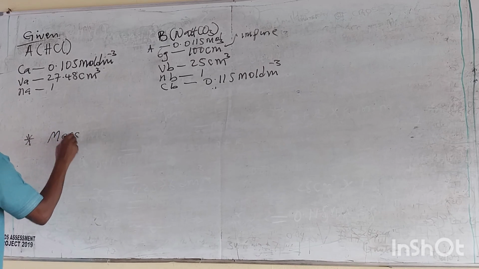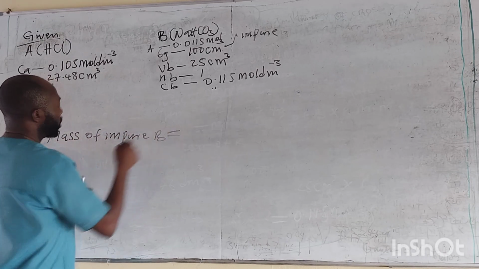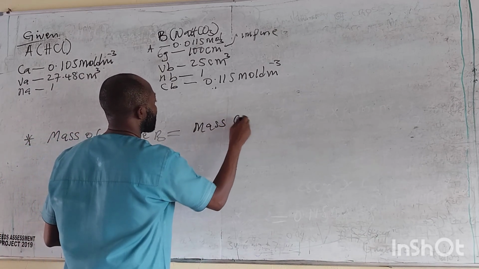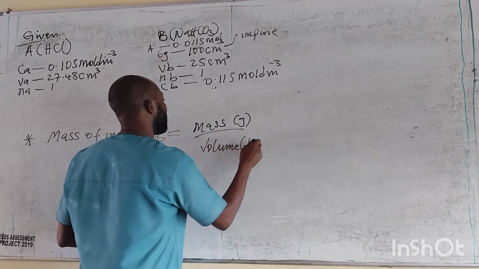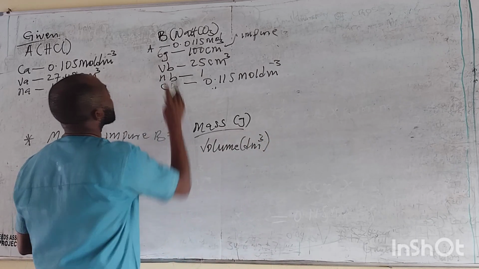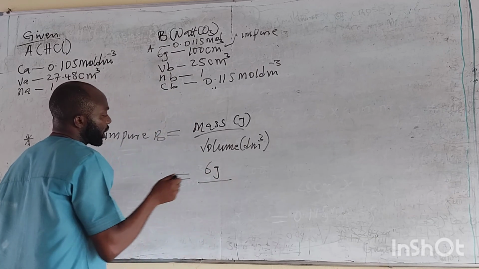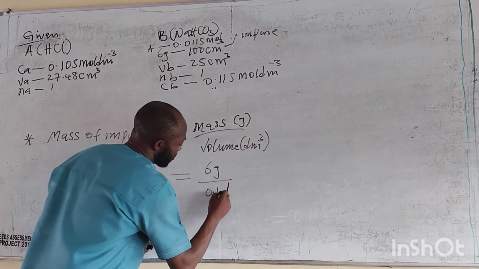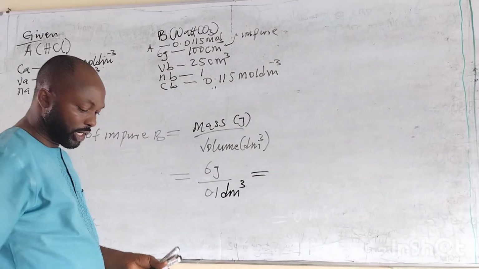Okay, let's just put it that way. Mass concentration of impure B is equal to mass over volume. Mass in gram over volume in dm³, which is, mass is 6 gram over 100 divided by 1000, which is 0.1 dm³.